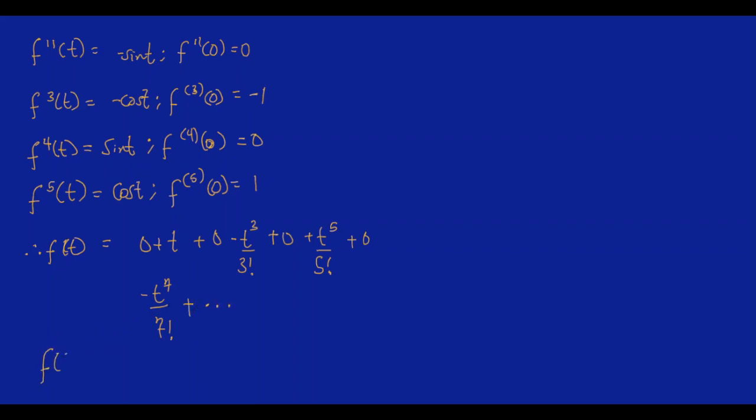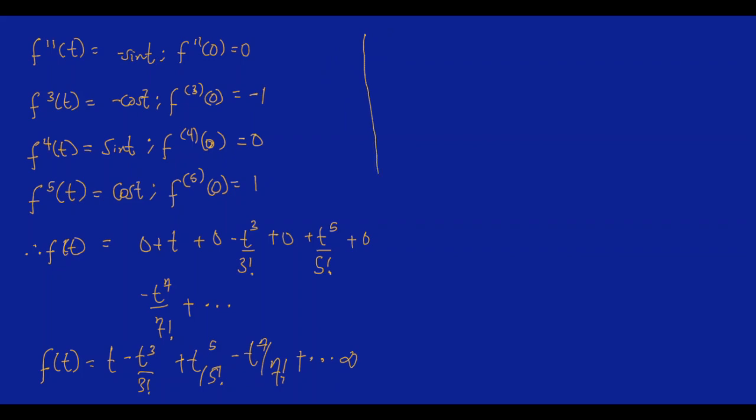So on simplification, f of t becomes t minus t raised to the power of 3 divided by 3 factorial plus t raised to the power of 5 divided by 5 factorial minus t raised to the power of 7 divided by 7 factorial plus the rest of the terms till infinity.